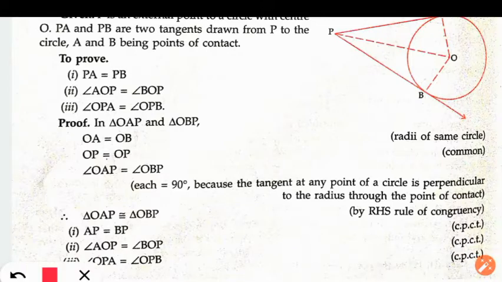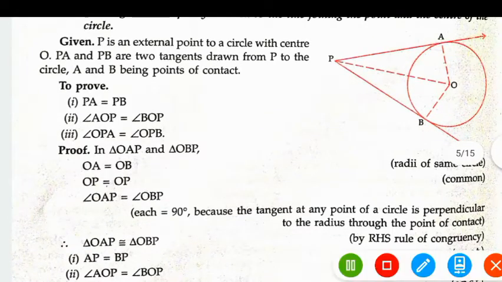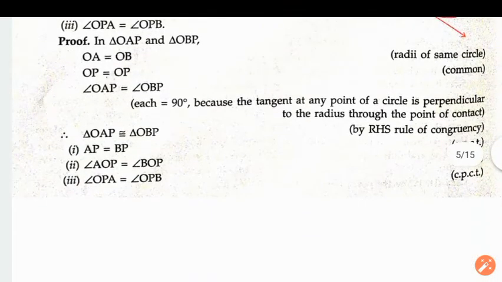So now according to the rule of right angle, hypotenuse, side, we can say these two triangles are congruent, right? Because here we have the hypotenuse, this one OP, which is equal because it is common. Right angles mean these two angles are equal, and these two sides are equal. That is why, according to the rule of RHS, we can say those two triangles are congruent.